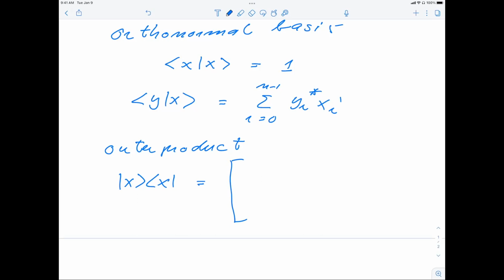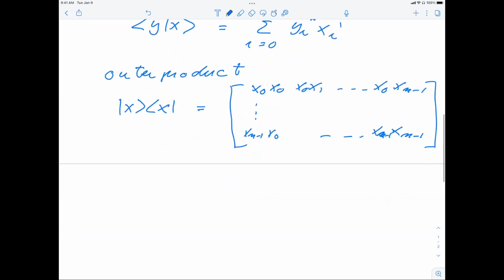So this quantity is something you will see over and over again. This would typically now be x_0 times x_0, x_0 times x_1, and this goes up to x_0 x_{n-1}. And then down here we would have x_{n-1} times x_0, and then x_{n-1} times x_{n-1}. And it's pretty easy to see also what the outer product is going to be for x times a vector y.